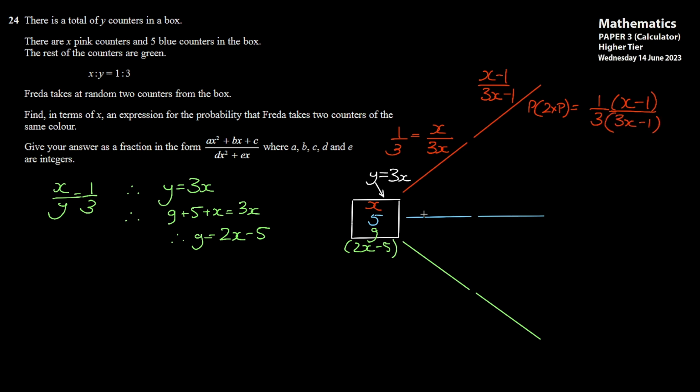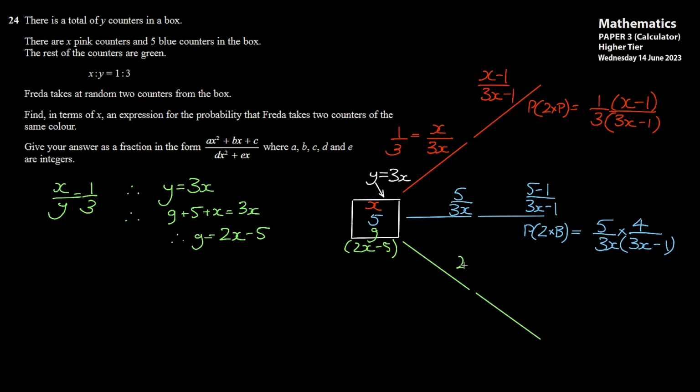Now let's look at blue, blue. The probability of the first blue will be 5 over the total, which is 3x. And your next pick will be 5 minus 1 over 3x minus 1. Therefore the probability of 2 times blue will be these multiplied together. Now the greens.